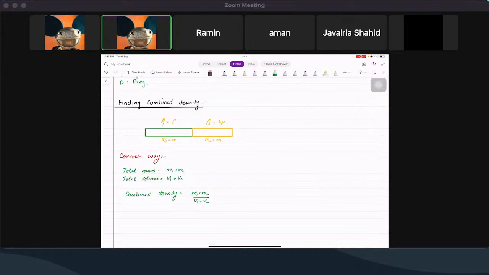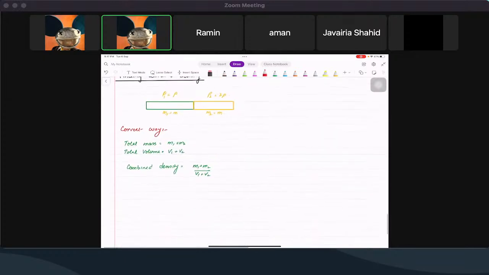The wrong way, which most of the people do, is that they take the combined density and find m1 over v1 and then add m2 over v2.